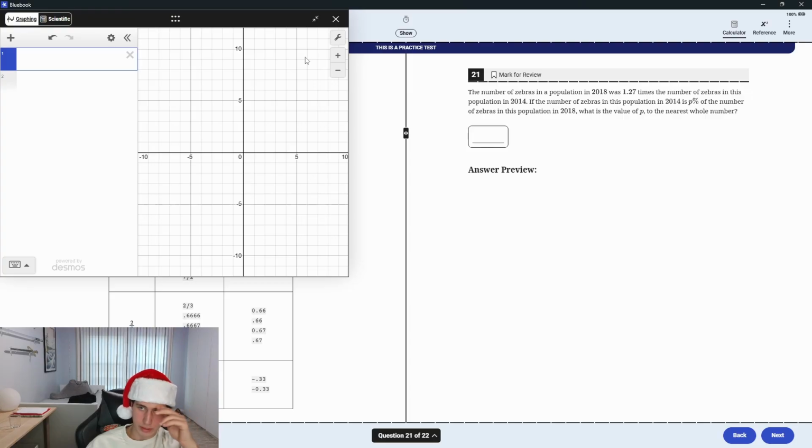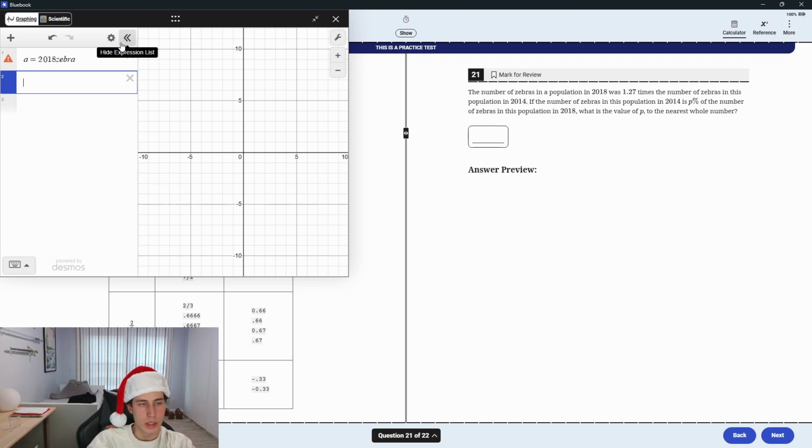So we have to find the number of zebras in the population in 2014 as it relates to 2018. So we'll label A as zebras in 2018, and then we'll label B as 2014 zebras.